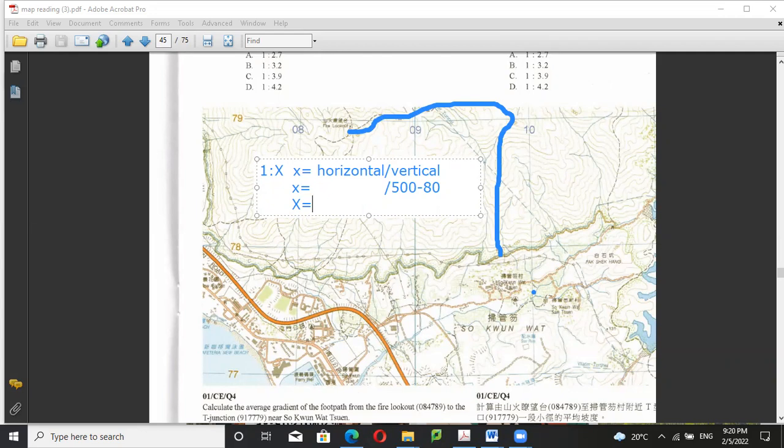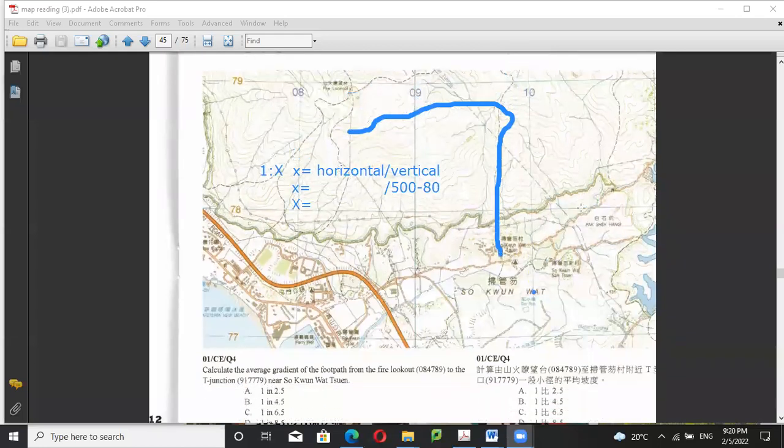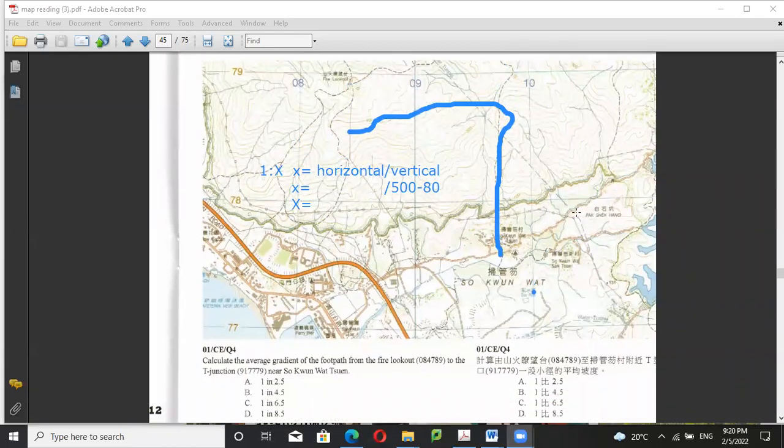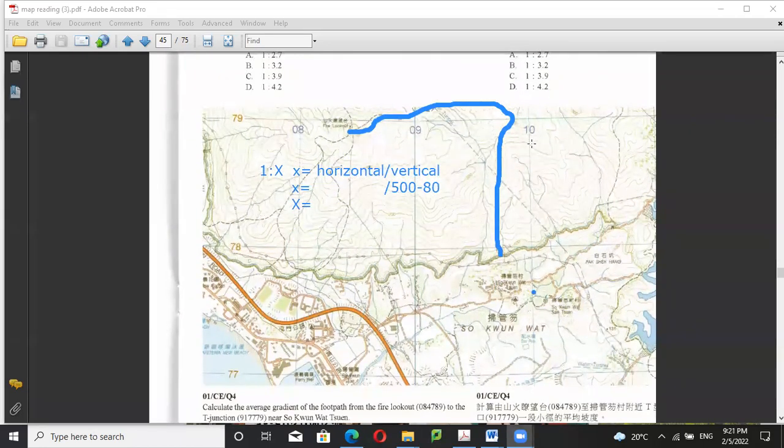Let me calculate number 4. I think it should be around 3 km, around 2.7 km.